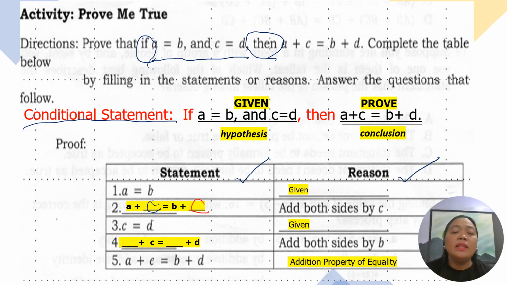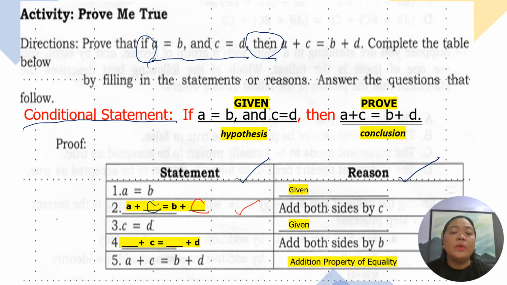Again, for statement number 2, it is a blank statement, but there is a given reason to add both sides by C. That means to say our first statement A equals B should be added by C to both sides. Therefore, we now have A plus C is equal to B plus C. Valid reason, we added both sides by C. So, statement number 2 is now complete.